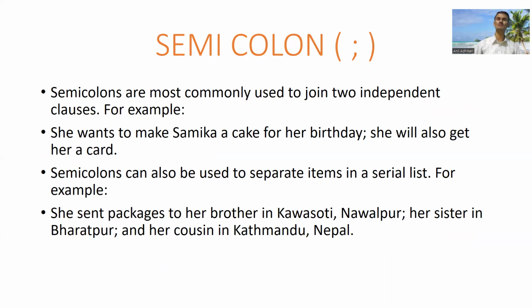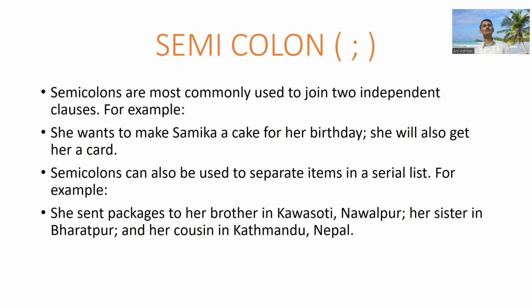Now semicolon. Semicolons are most commonly used to join 2 independent clauses. For example, she wants to make Samika a cake for her birthday. She will also get her a card. Each is independent itself. But if we want to write these 2 sentences as a single sentence, then we have to separate them with a semicolon.